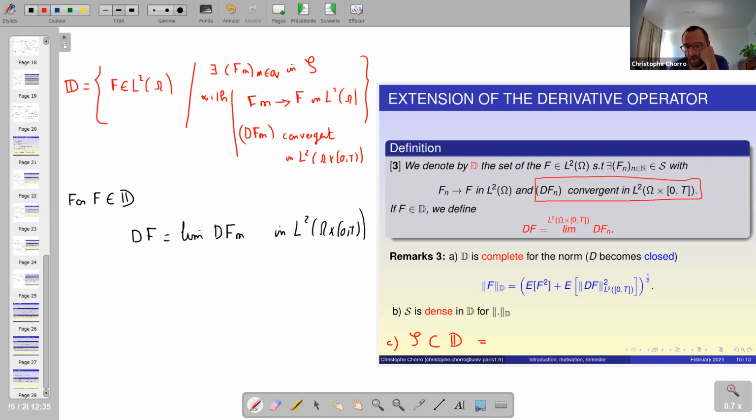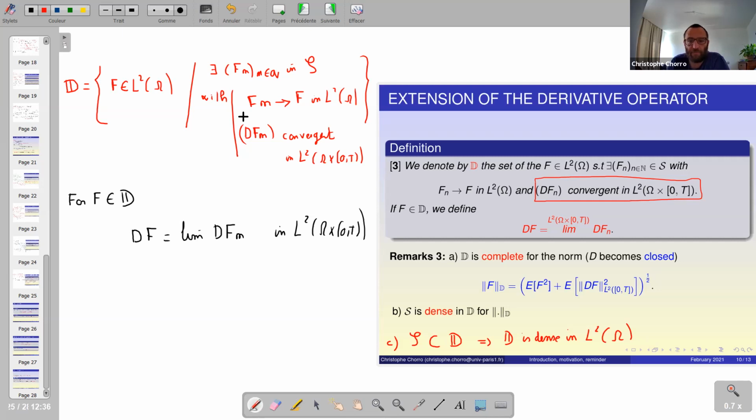So in particular, it implies that D is dense in L2 of omega, meaning that my derivative operator is not defined for all the random variables in L2 of omega, but it is defined on a set that is big because it is dense in L2 of omega. Okay? It's the first remark.